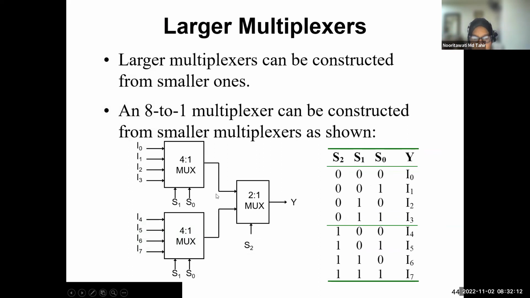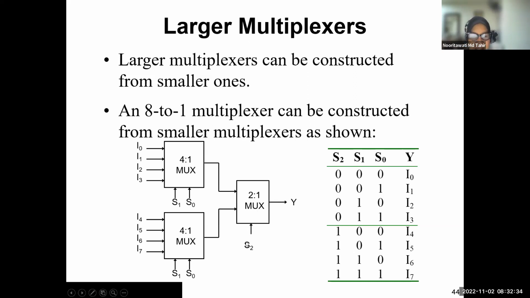So from that two outputs of the first upper mux and the lower mux, kita masukkan kepada 2-to-1 multiplexer, so it produce 1 output. And the select line kalau 8 multiplexer, we will have 2 to the power of n is equal to 8 inputs, so we need 3 select lines.